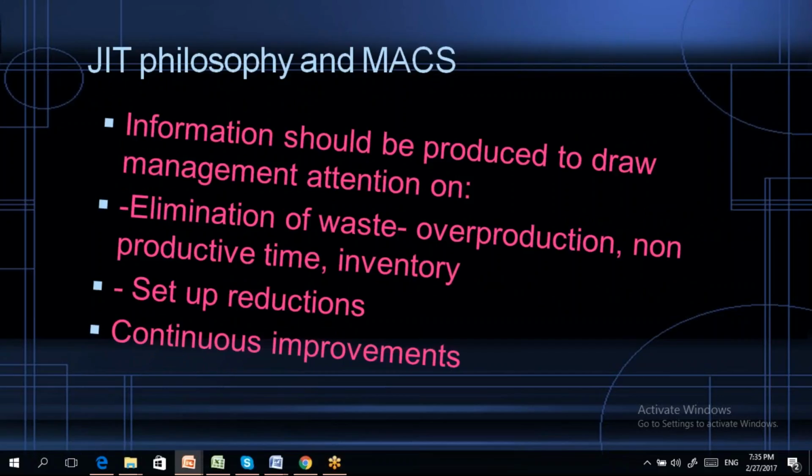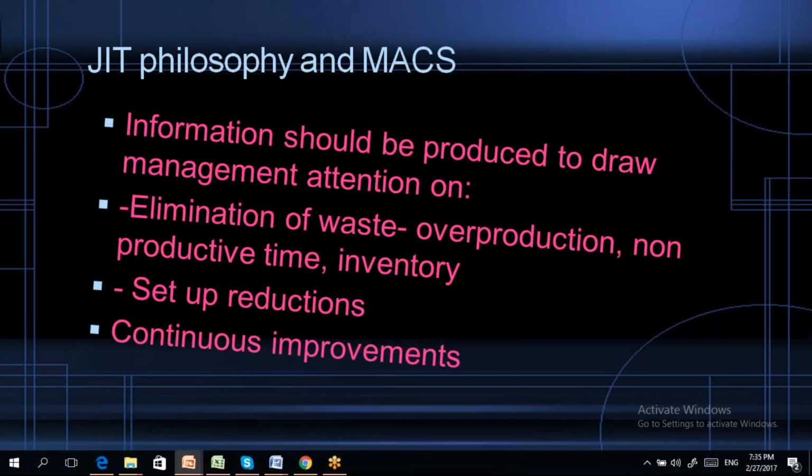JIT philosophy, if you look at it, is basically you are working on the elimination of waste. You don't overproduce things and keep, because that's a waste of money. That's going to increase your capital, and that is going to reduce your ROI, right?